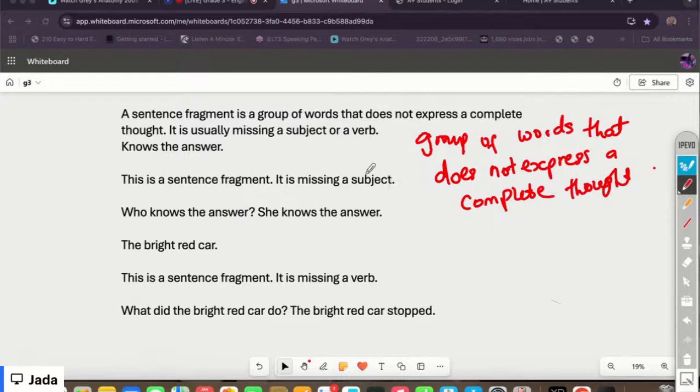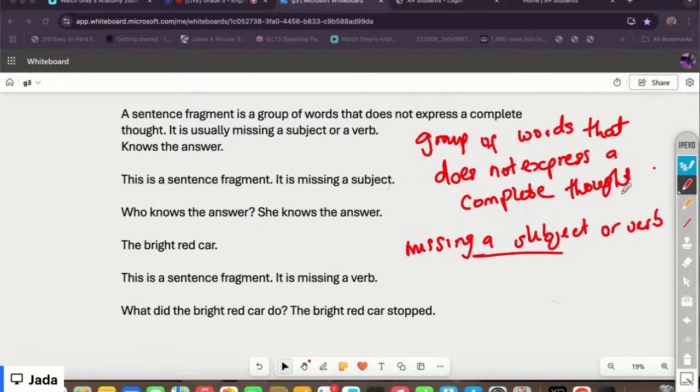It is usually missing a subject or a verb. So when it comes to the sentence fragment, they're usually missing either a subject or a verb.